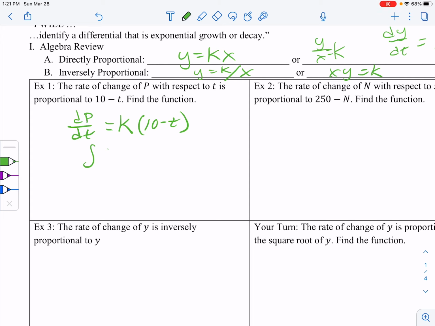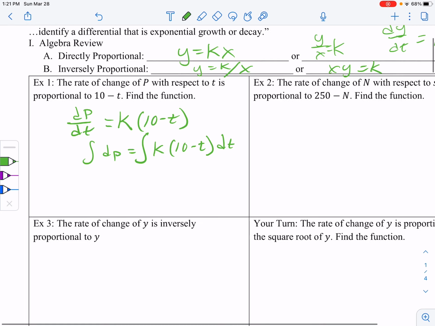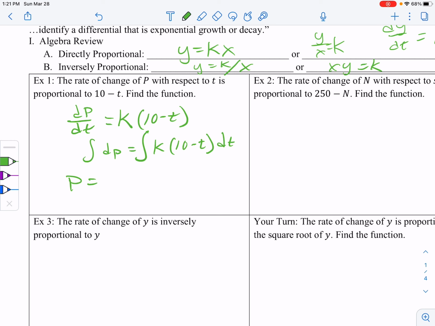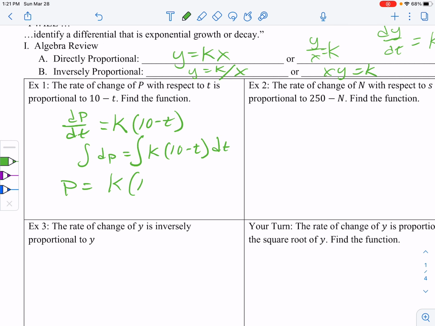Since there's no p over there, we just have dp over here, k times 10 minus t dt. And then you integrate. Well, the integration of this is p. This gives you k times 10t minus t squared over 2 plus c.